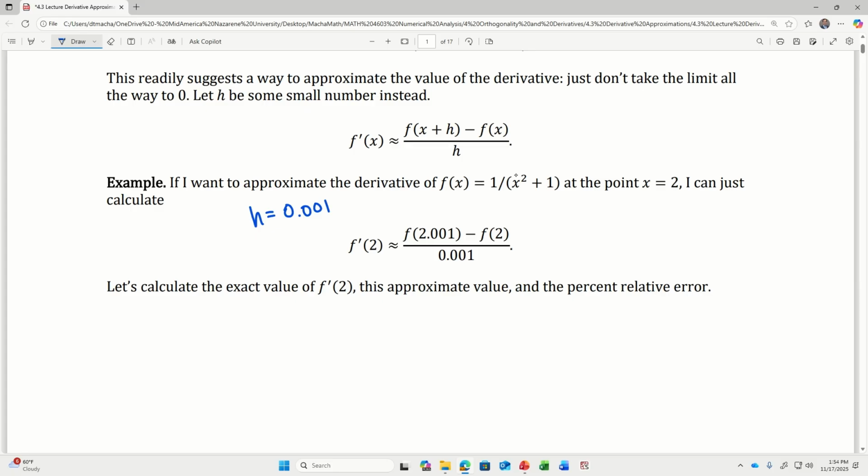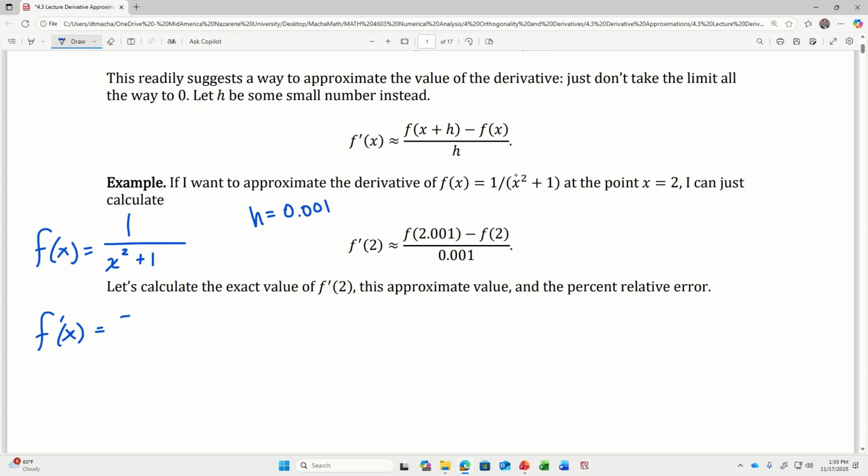So, what's the exact value? If my original function is 1 divided by x squared plus 1, then the derivative would be the derivative quotient rule, right?